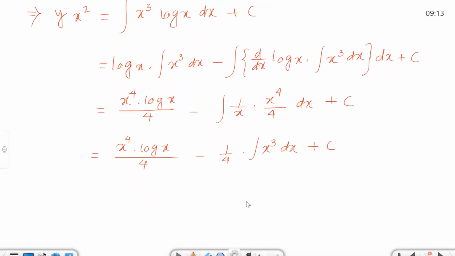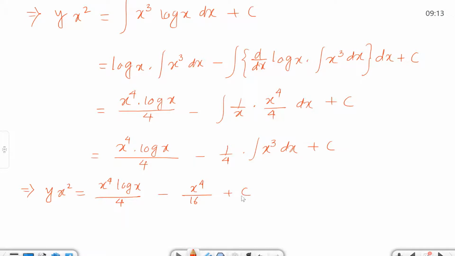That implies, writing the left side now, y x square, the left hand side, is equal to x power 4 log x divided by 4 minus this x power 4/4, so finally it is x power 4 by 16 plus c.